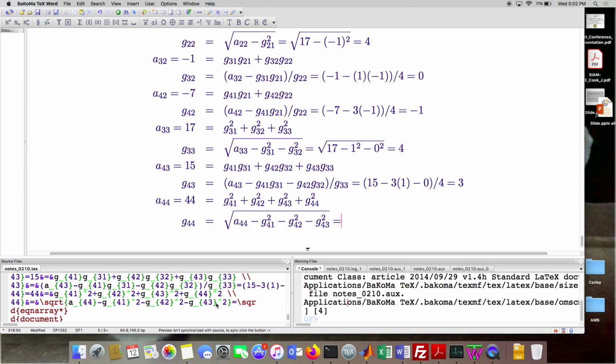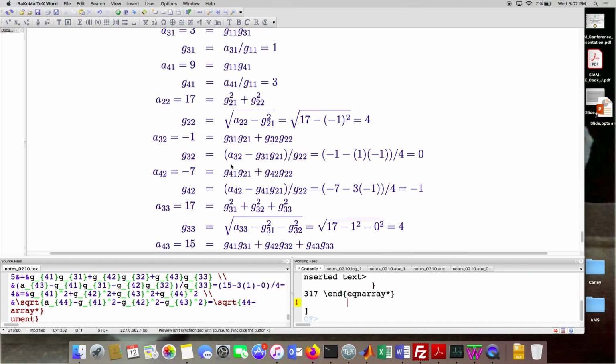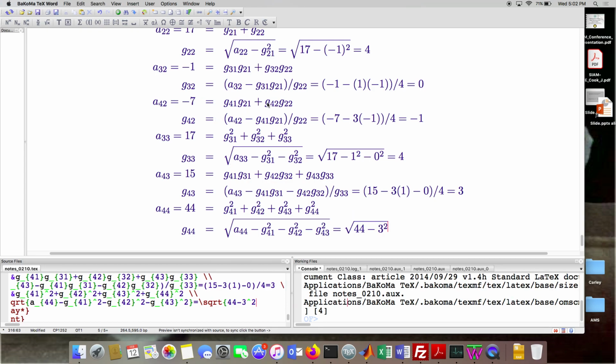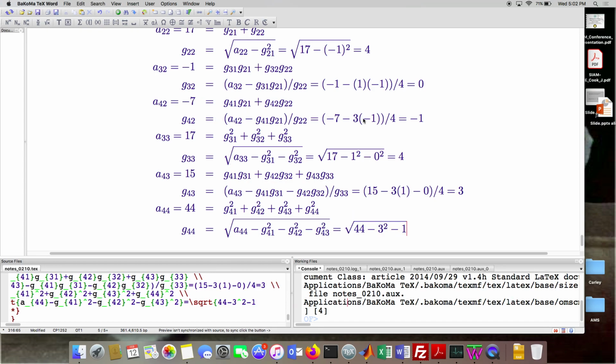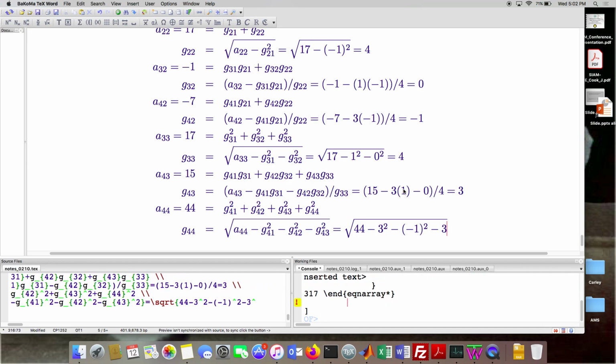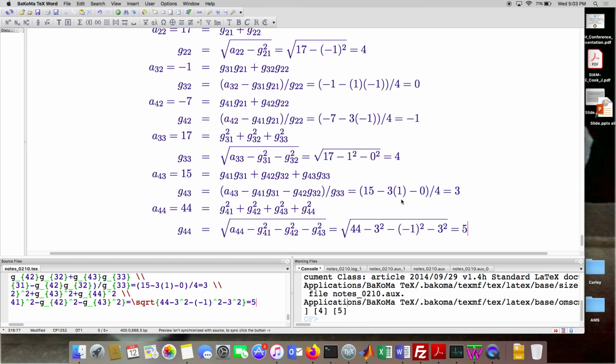Okay, so 44 minus, so the 4-1 entry is 3. The 4-2 entry is minus 1. And G43 is equal to 3. Okay, so 44 minus 18 is 26. So it's going to be 5, taking the positive square root.